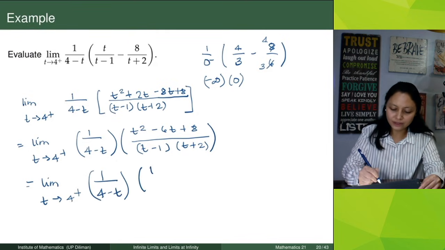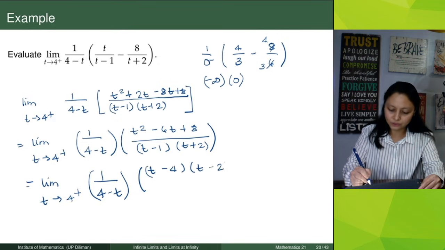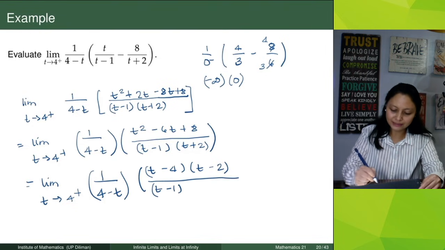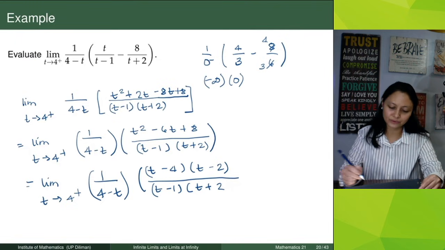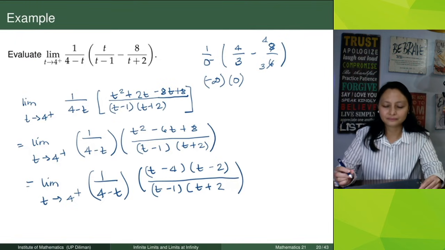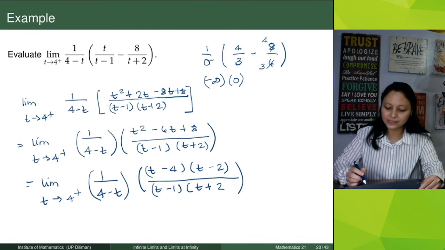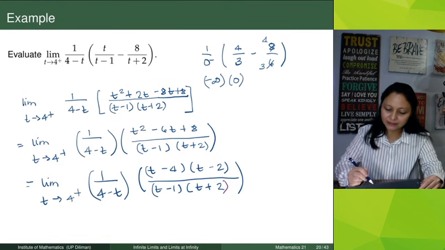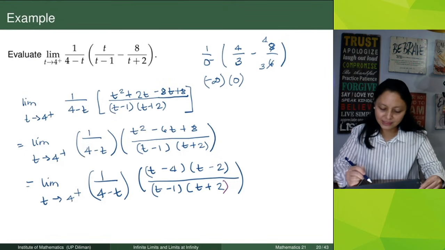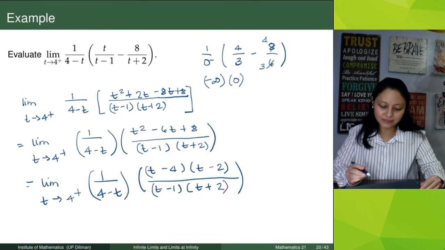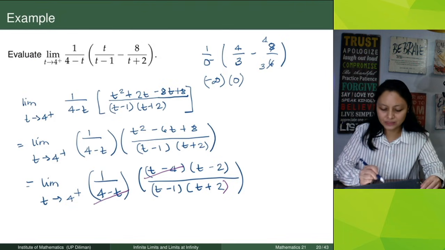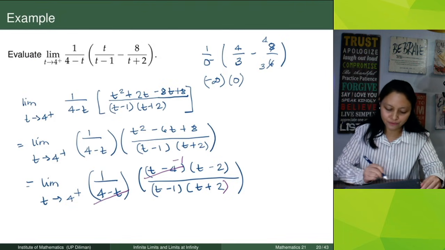You have t minus 4 times t minus 2 all over t minus 1 times t plus 2. Now, you cancel out the common factors. Ay, sorry, ang magka-cancel lang ay t minus 4 and 4 minus t, and then you have a factor of negative 1.